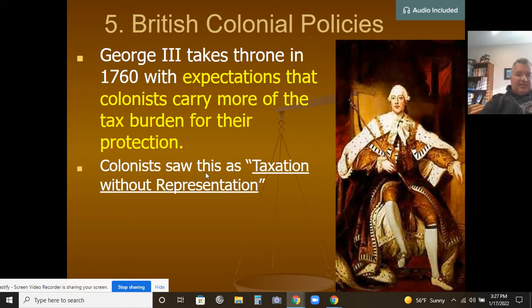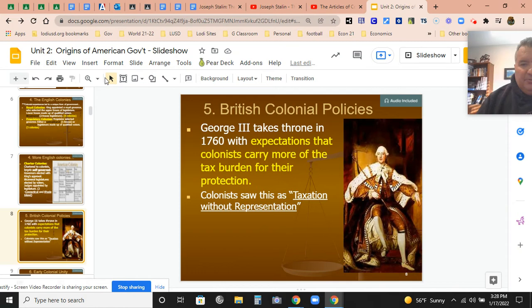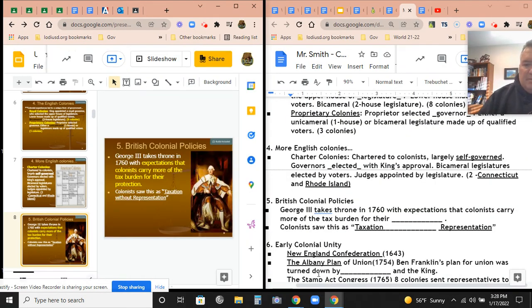Colonists saw this, however, as taxation without representation and unfair under the social contract theory espoused by John Locke. When they wrote the Declaration of Independence, it was definitely written to King George III. And write in the notes.